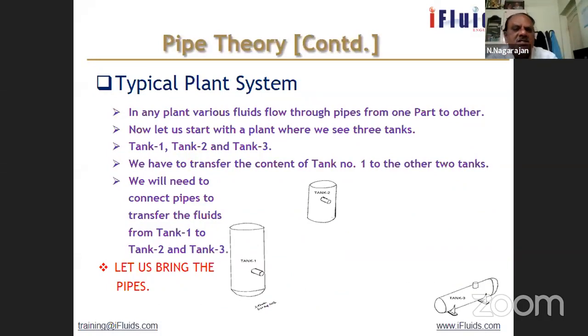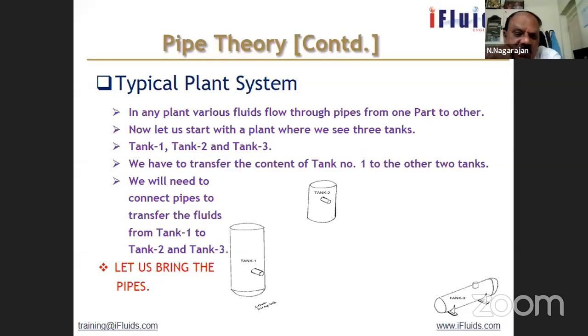So a typical plant system, as we have seen in the earlier presentation, has a number of equipment and they are interconnected by pipes to convey liquid, gas or vapor or a mixture of liquid and gas. So you can see the example shown here: we have 3 tanks, tank 1, tank 2 and tank 3. 2 are vertical tanks, 1 is a horizontal tank.